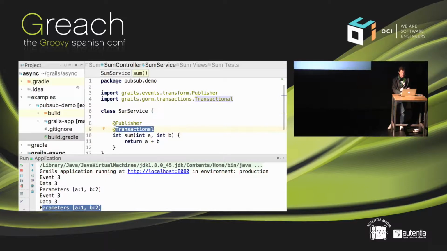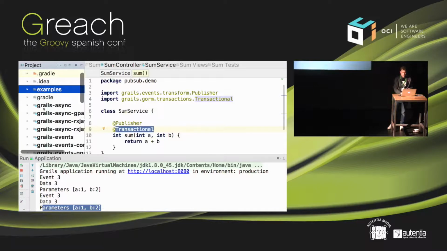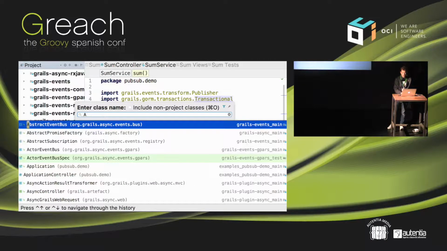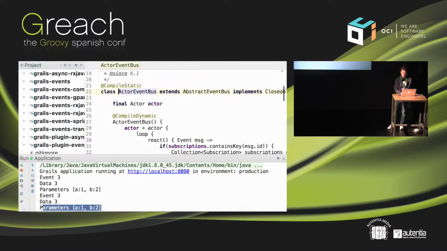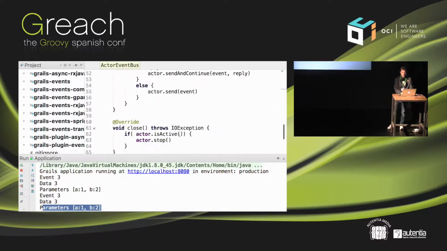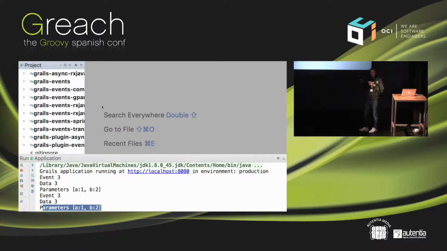In this case, I'm using RxJava, but I can swap it out for GPars. In GPars, there's an actor event bus implementation that uses an actor and an event loop to build out the same kind of logic process, but for GPars. So you can swap out and use an implementation that makes sense for you. There's also a thread pool based, an executor service based implementation.